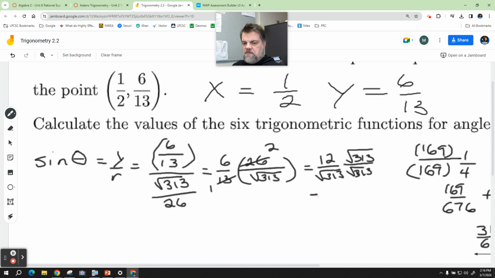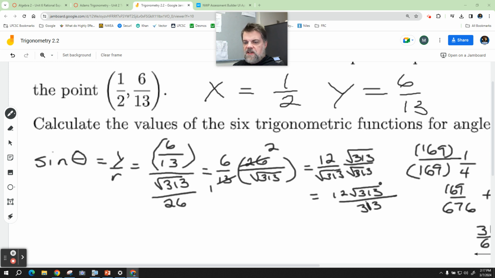This becomes 12 root 313 all over 313. And that, believe it or not, is the right answer. Okay?